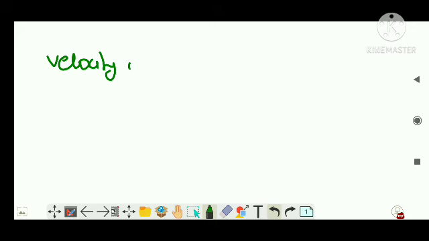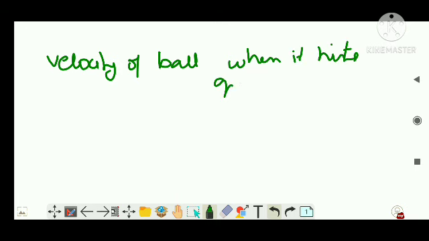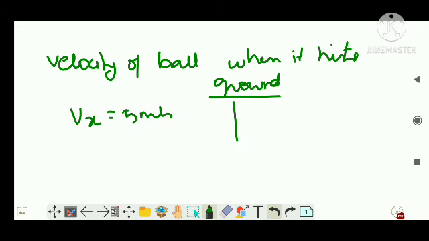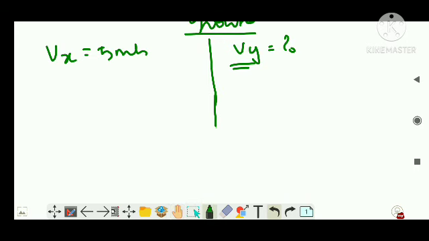Velocity of the ball when it hits the ground. When it hits the ground, what will be the final velocity? You know the final velocity in x direction will be 5 meter per second itself. And you are asked for the final velocity in y direction. That has been directly asked, so you will only deal with y parameters.